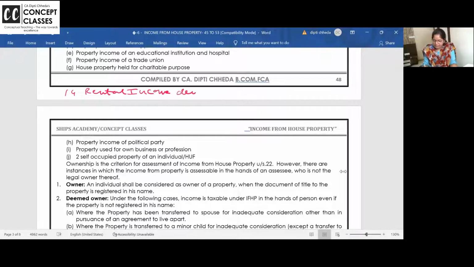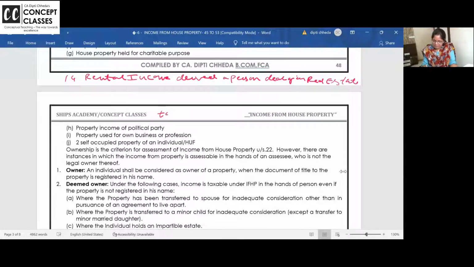Rental income derived by a person dealing in real estate. Taxable under income from house property.